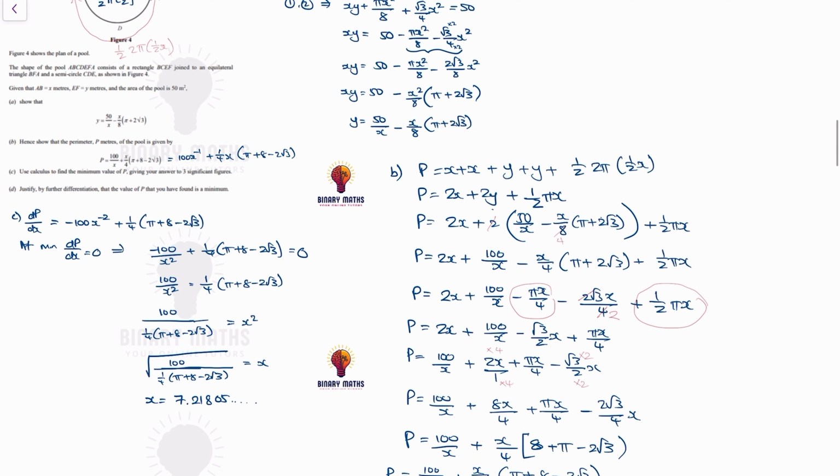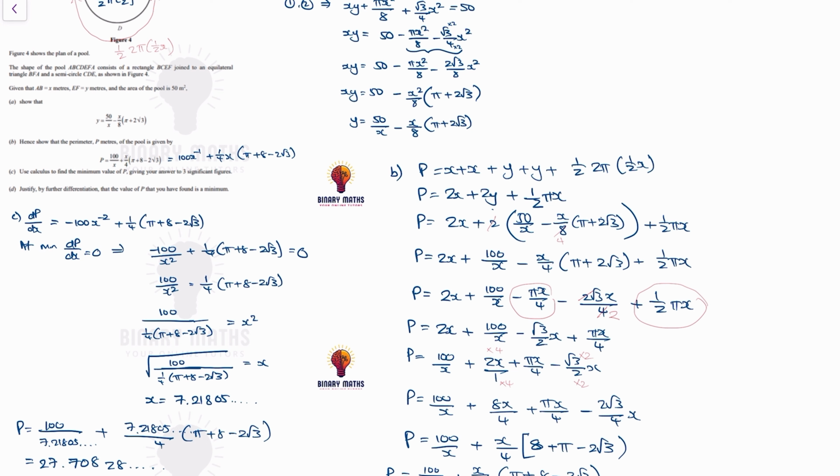So that means p is equal to 100 over 7.21805 and so on, plus 7.21805 and so on over 4 times pi plus 8 minus 2 root 3, which gives us a value of 27.70828 on our calculators, which is equal to 27.7 meters to 3 significant figures.